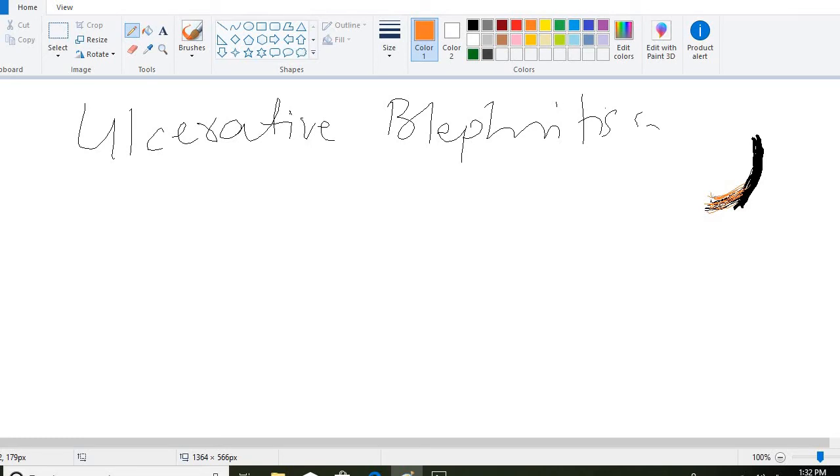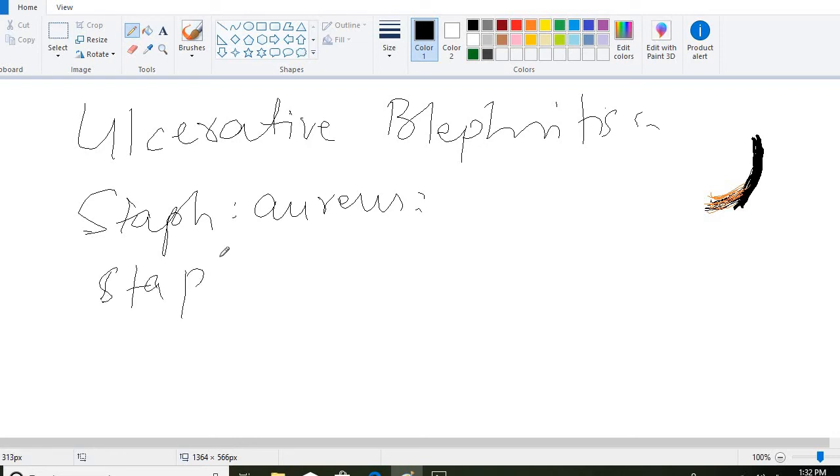There are etiological factors like bacterial blepharitis caused by Staph aureus and Staphylococcus epidermidis.